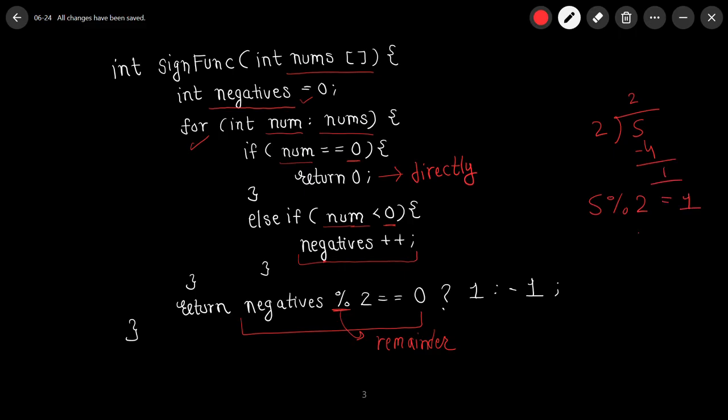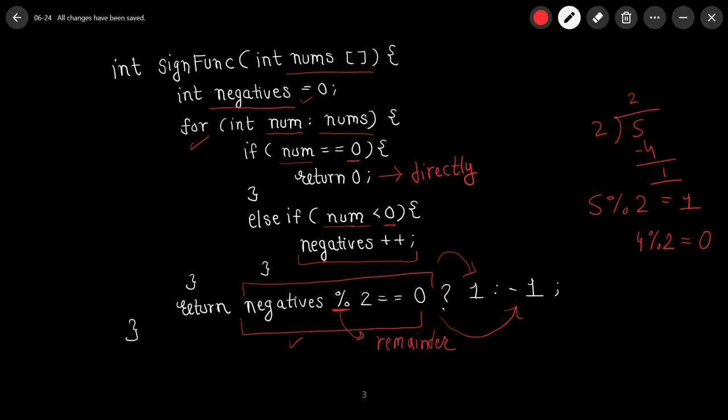Even values are completely divisible by 2, so this will always give 0. That's the check I have put. So if negatives modulus 2 is 0, that means the number of negatives is even, then we return 1. If it's not 0, that means it must be an odd number, so in that case we return minus 1. So this was the entire approach.